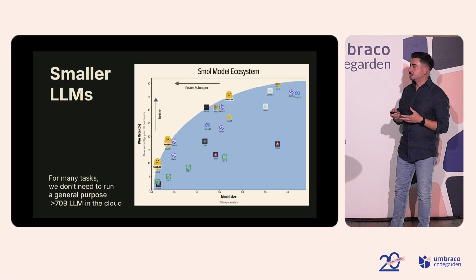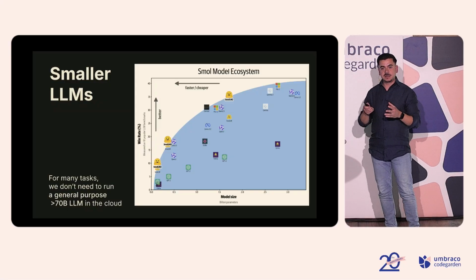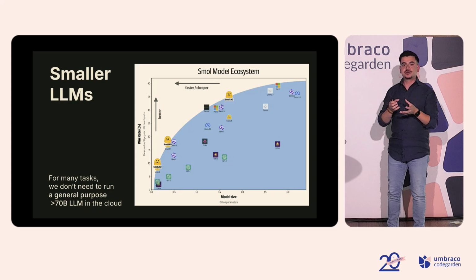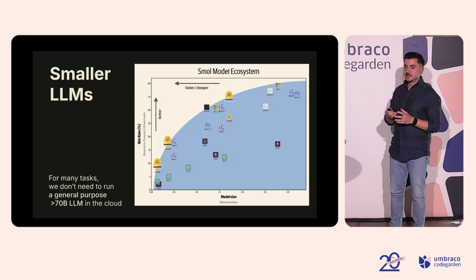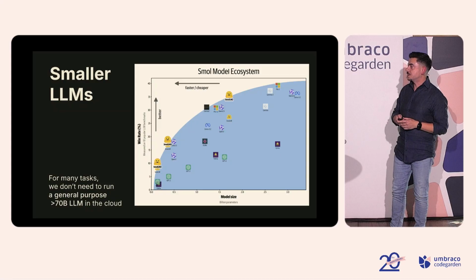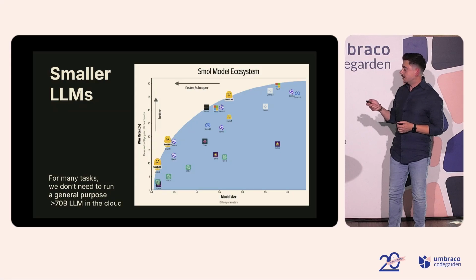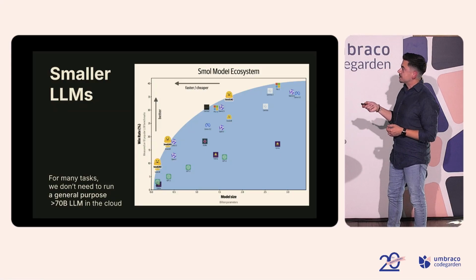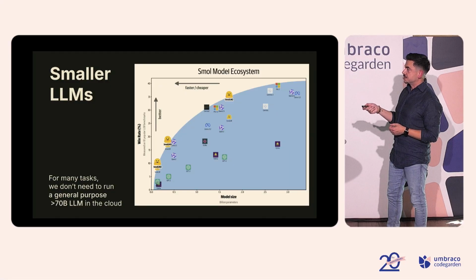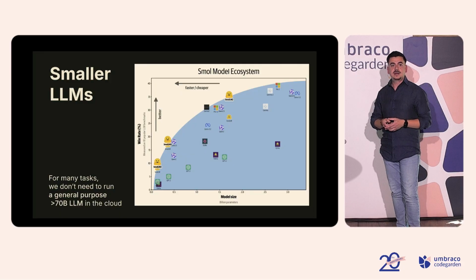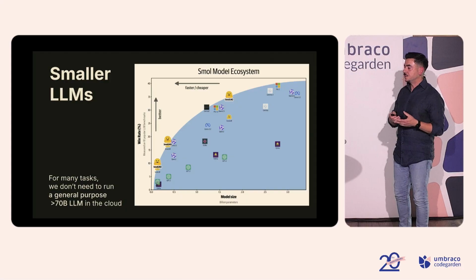There are quite a few interesting techniques applied to big models to create smaller versions that can still handle many tasks. Here we see some of the big models. For instance, Phi has 3 billion parameters, Qwen 2.5 has 3 billion parameters, and a half-size small model provides pretty much the same quality. So you could cut the size in half by using these techniques, and quantization is also one of them.